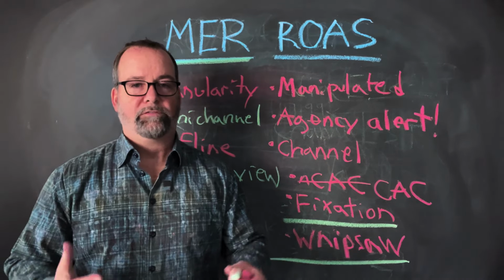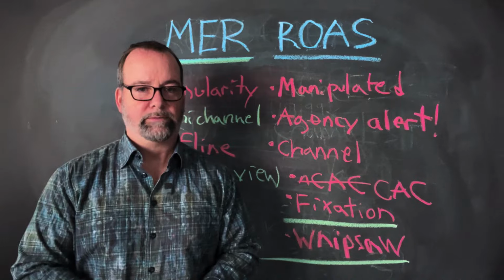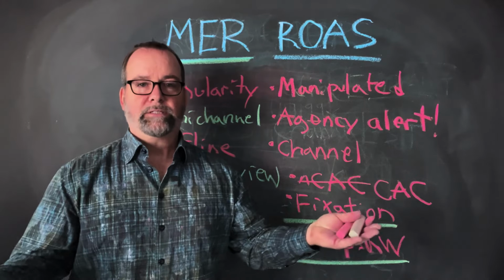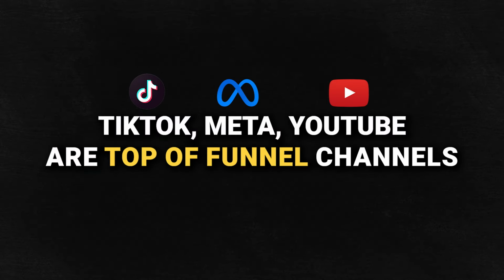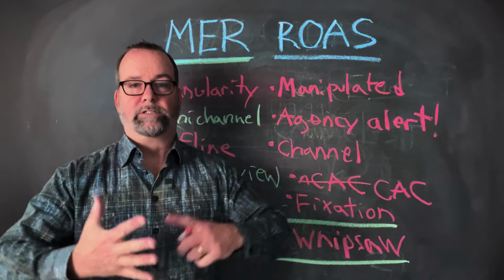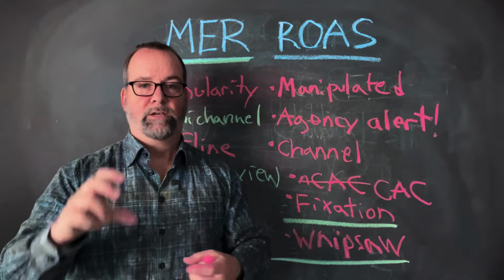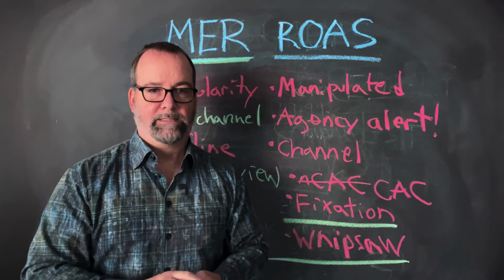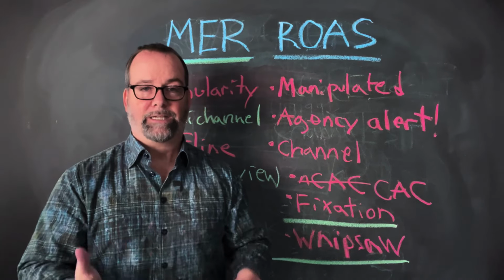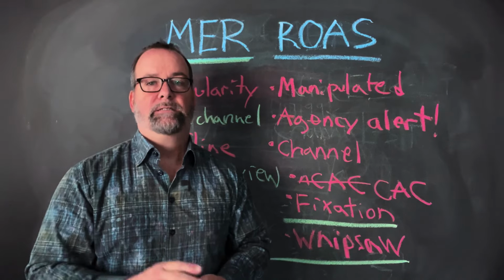If you look at all the channels individually, there's a reason for that. In most cases, top of funnel channels like Meta, TikTok, and YouTube are creating awareness of the brand with a specific message. We're going to get into that in future videos, how to actually capture that attention top of funnel.